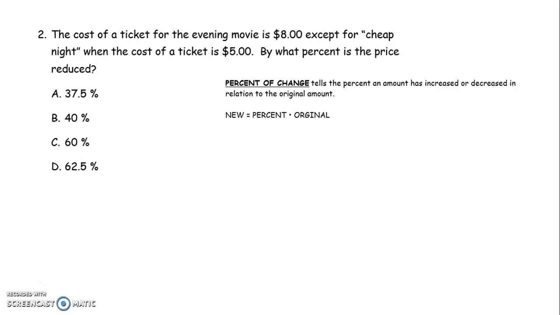It says the cost of a ticket for an evening movie is $8 except for cheap night, when the cost of the ticket is only $5. By what percent is the price reduced? Okay, so this is a percent decrease. So we take a look, and we can always use our new price as some percentage times the original. All right, so if we look here, the original is $8.